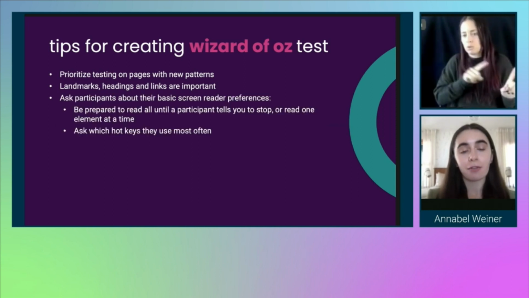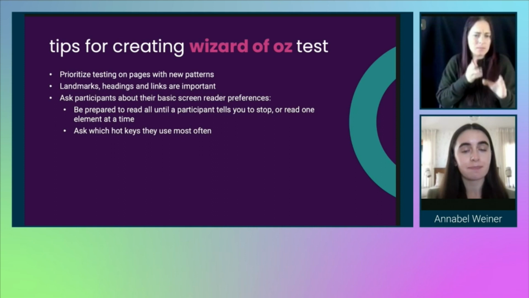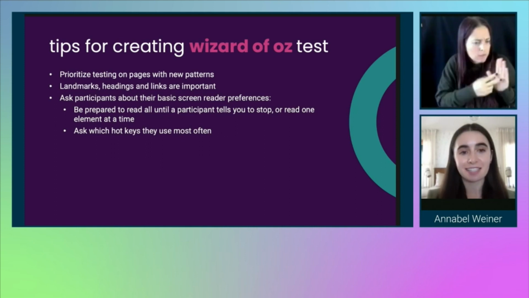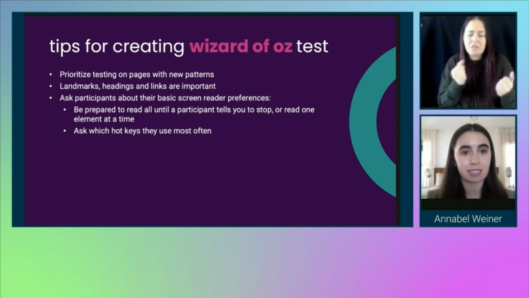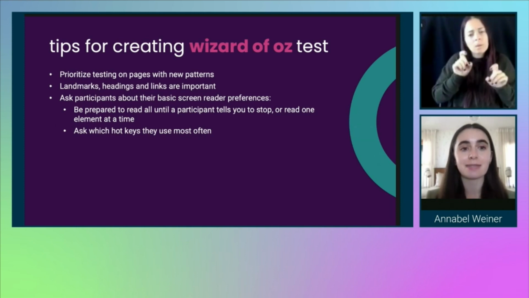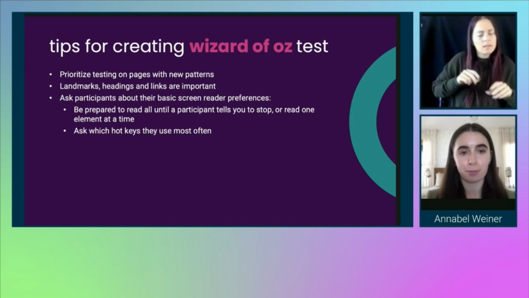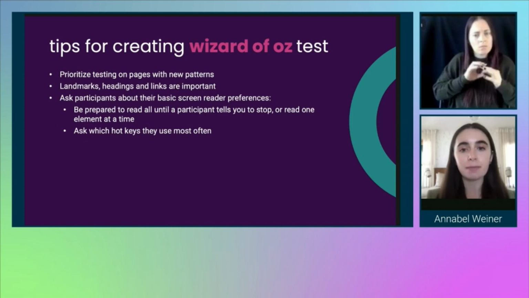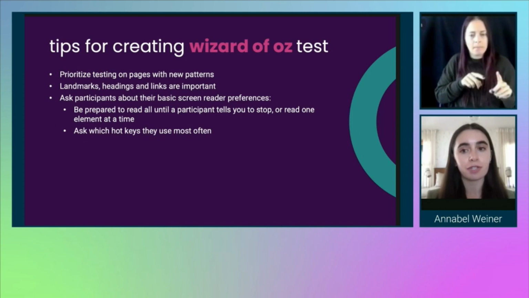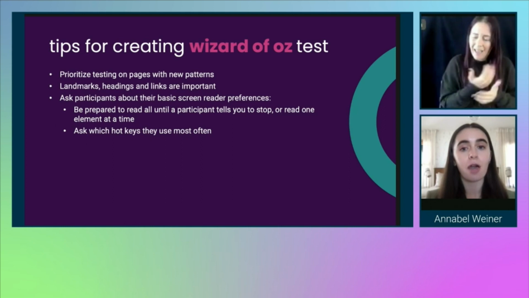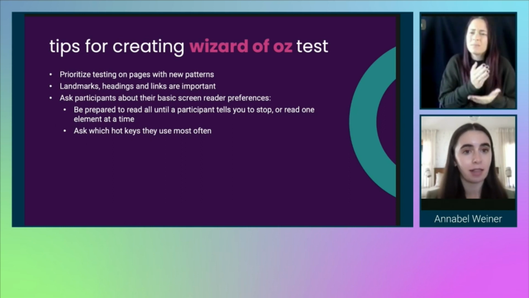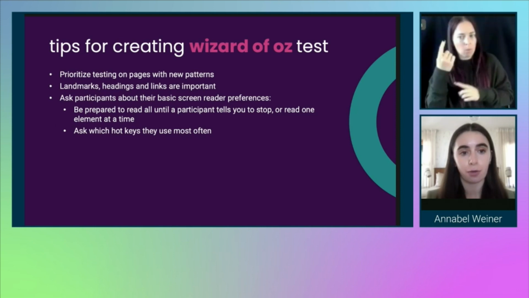Ask participants about their basic screen reader preferences. We can't customize everything in this experience, but there are a couple questions we can ask participants before we start the test to make the experience a little bit more personalized for them. Courtney mentioned this, but we found that some screen reader users prefer to have their screen reader read everything on a site continuously until they tell it to stop, while some prefer to progress through the page, just going one element at a time, so a little bit more slowly.